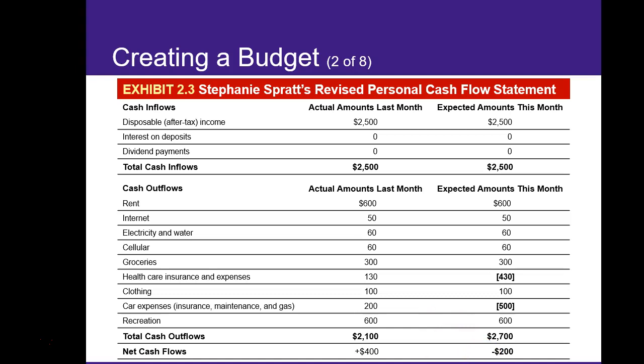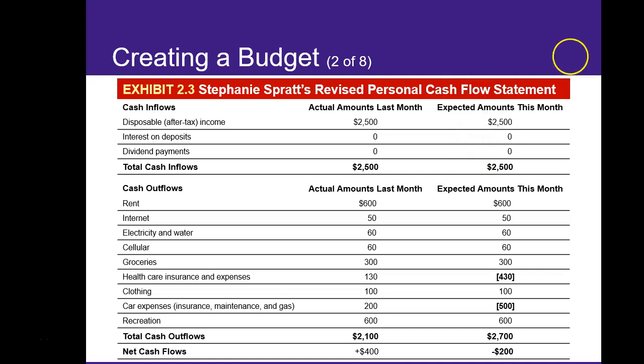So the first column is what we did before. That's a personal cash flow statement that shows the actuals from last month. Now this would be our budget, where we're going to anticipate or forecast what's going to take place in a future accounting period.